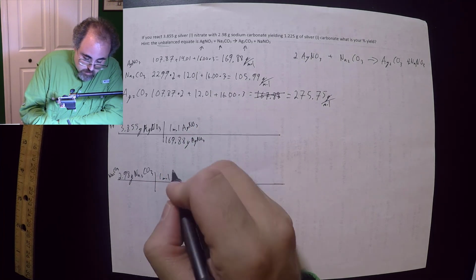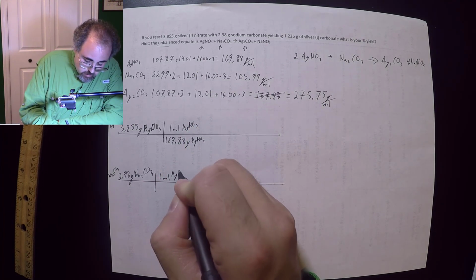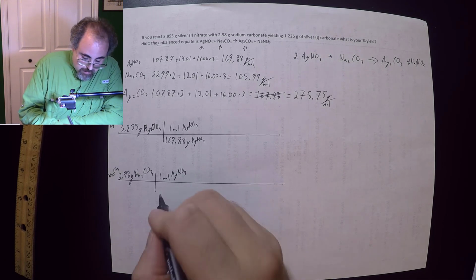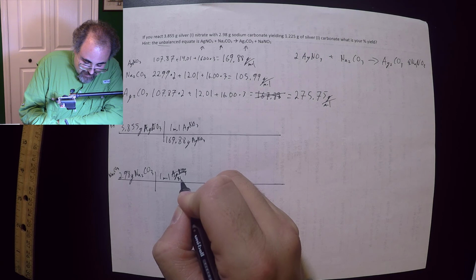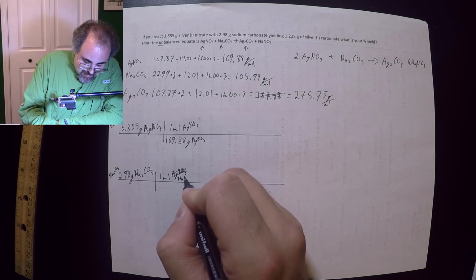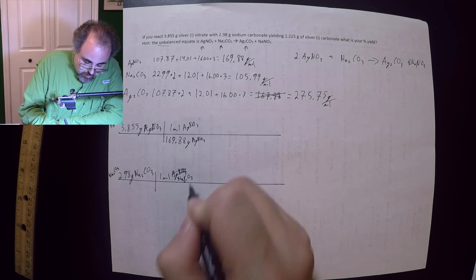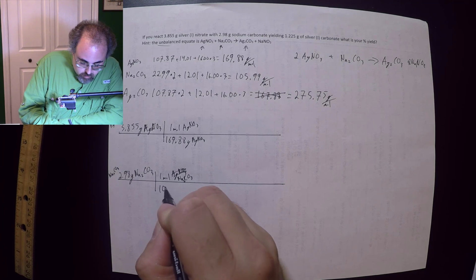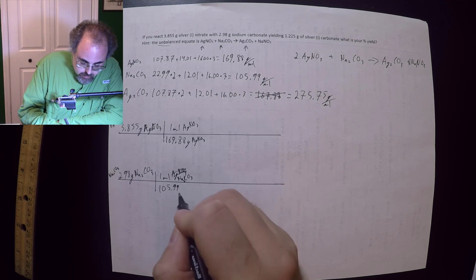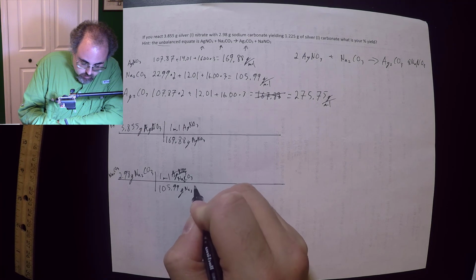This gets old, but you want to write it out because that allows you to track down oopses. And this is going to be 105.99 grams Na2CO3.